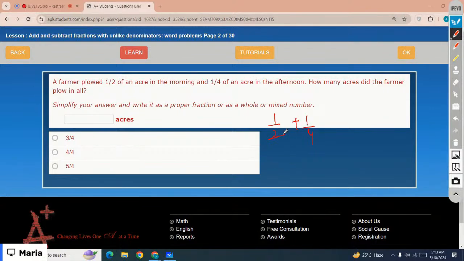So 2 times 2 makes 4. Let's multiply this fraction by 2. So 2 over 4 plus 1 over 4. So which is the correct option? That's 3 over 4. The correct option is 3 over 4.